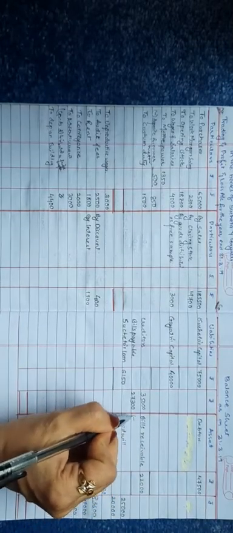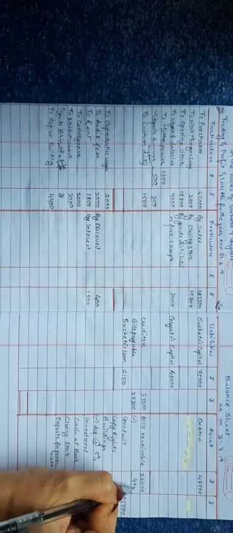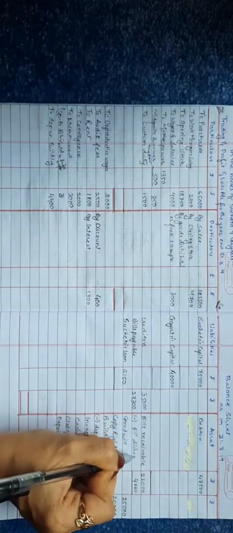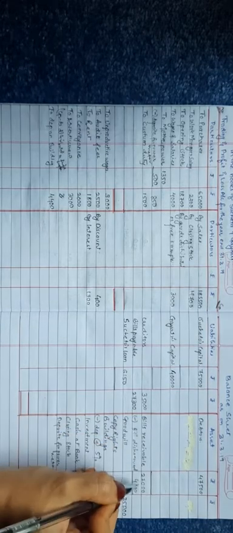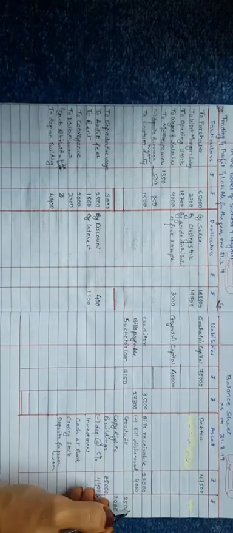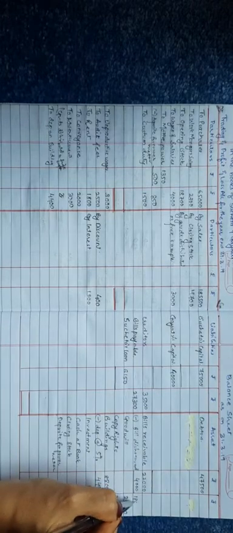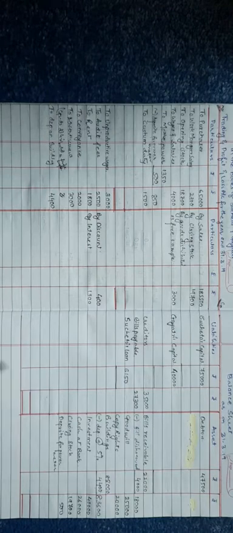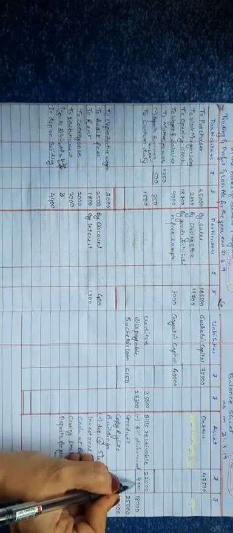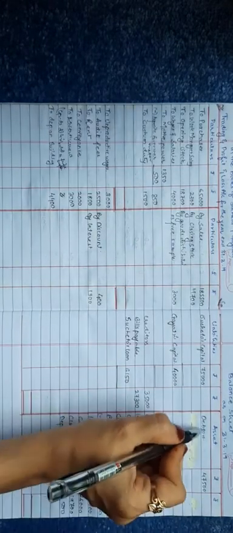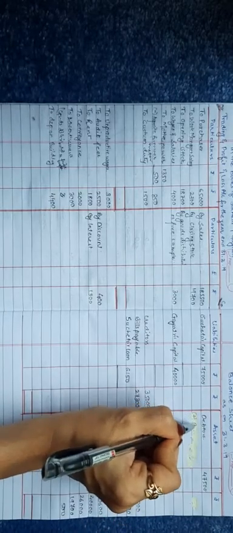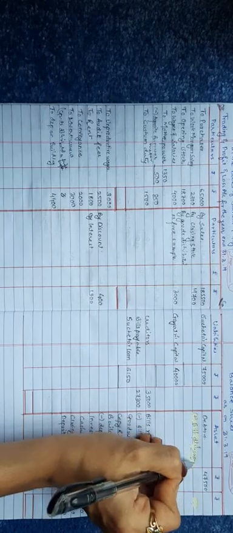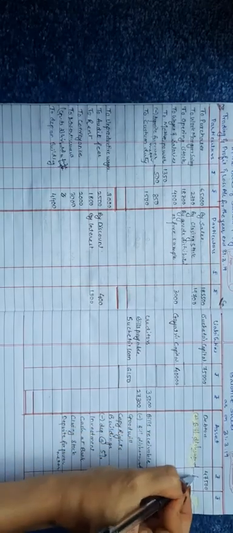From here we will deduct 4,000, writing bill dishonored. 22,000 minus 4,000, 18,000, in the outer column. This bill dishonored will increase the debtors, meaning this dishonor of bill 4,000 will be added to the debtors. So add bill dishonored.